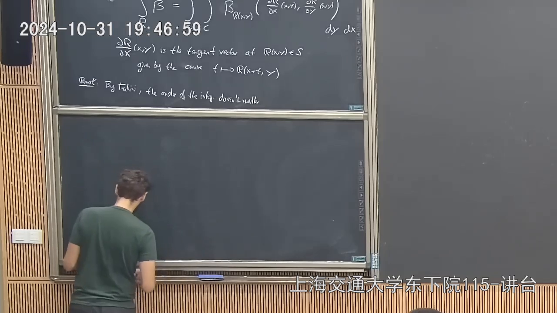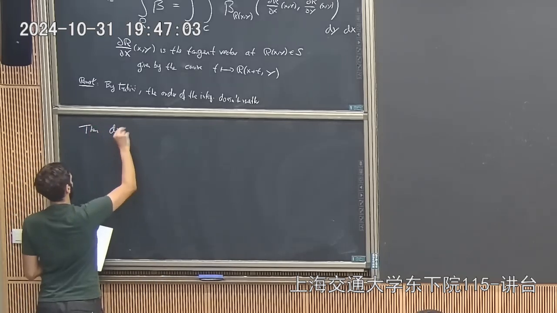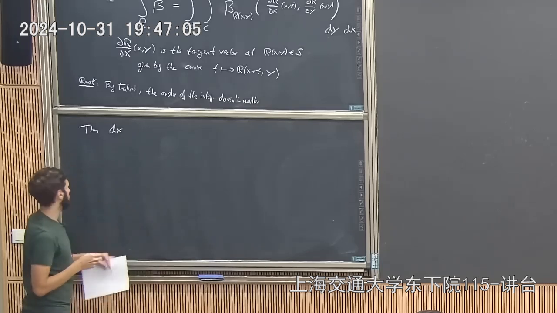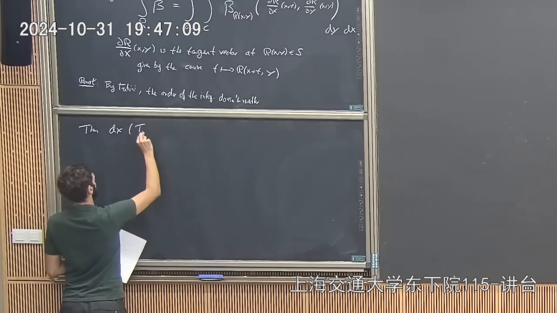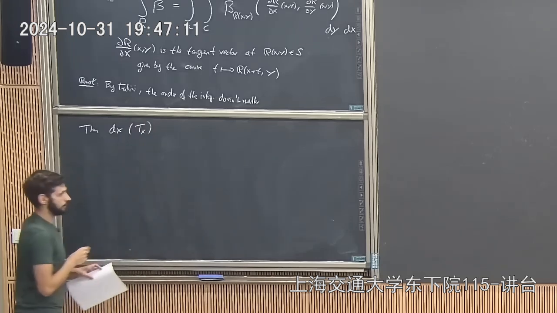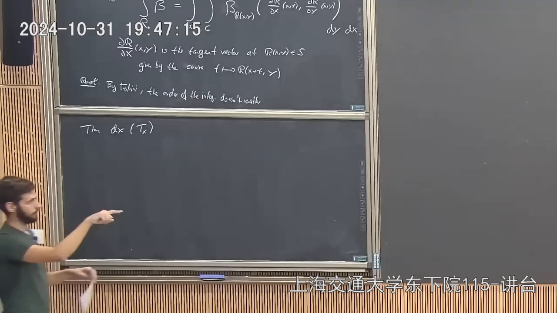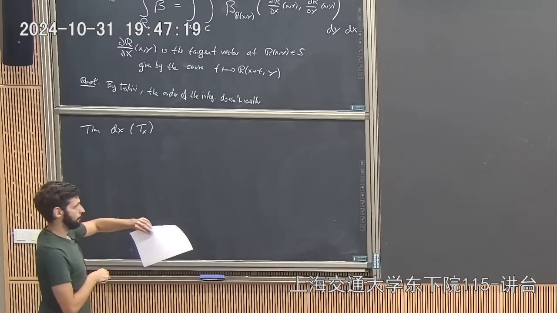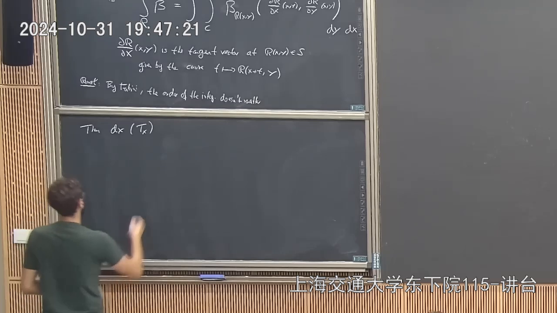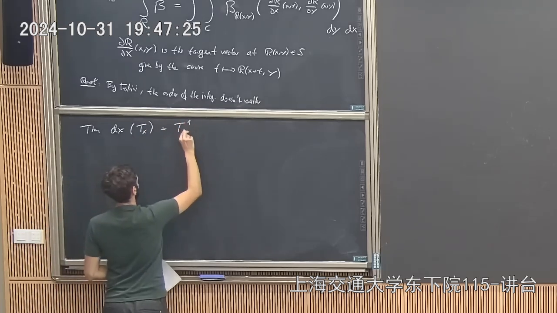Because they're the components, if you have dx, which is just a constant one-form in the x direction, and you plug in the vector field Tx, what you get is just the first component.